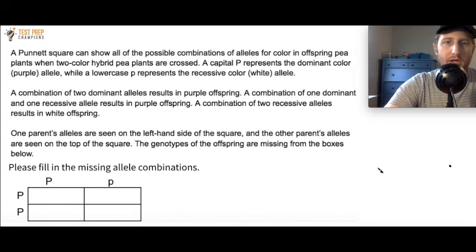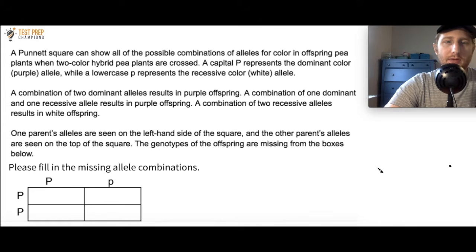A Punnett square can show all of the possible combinations of alleles for color in offspring pea plants when 2 colored hybrid pea plants are crossed. A capital P represents the dominant color, purple allele, while a lowercase p represents the recessive color, white allele. A combination of 2 dominant alleles results in purple offspring.